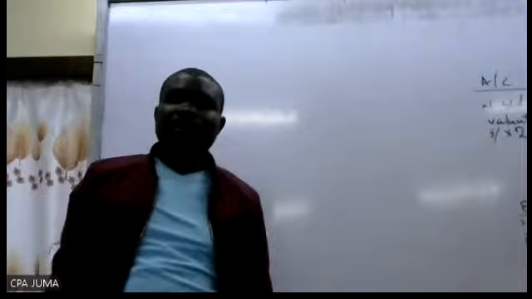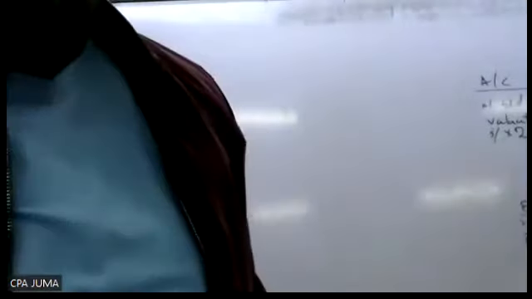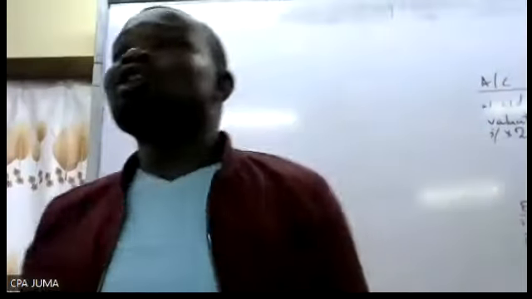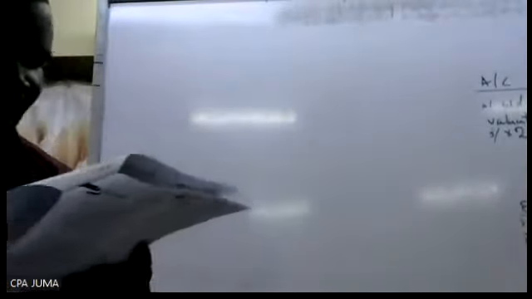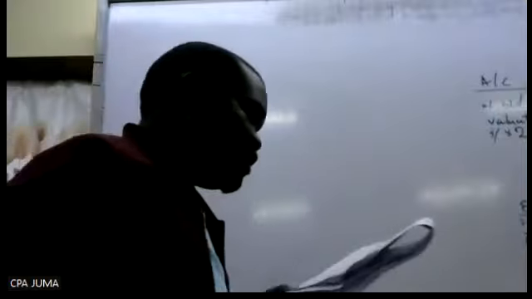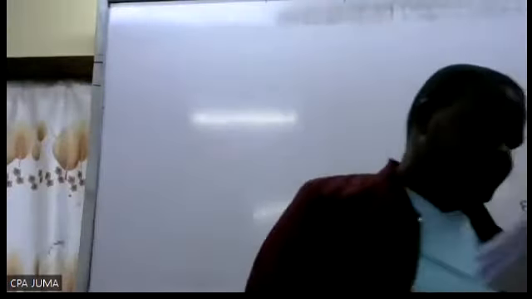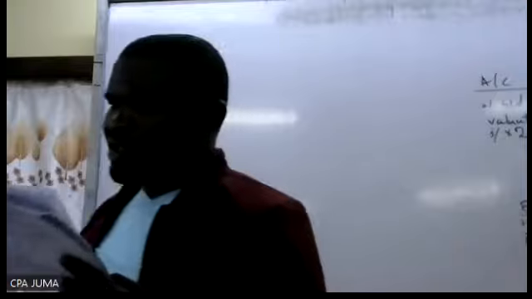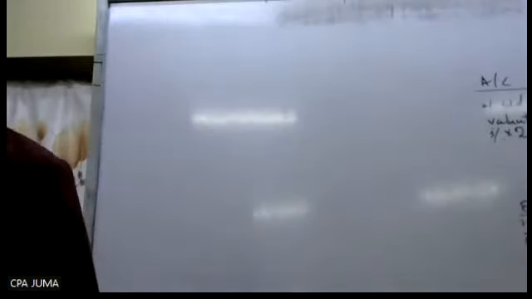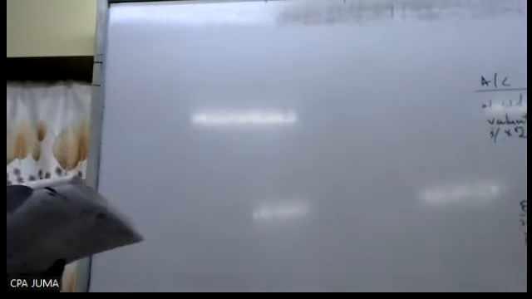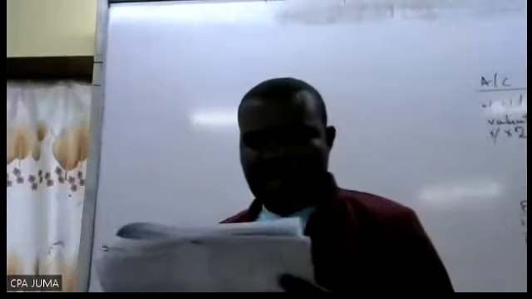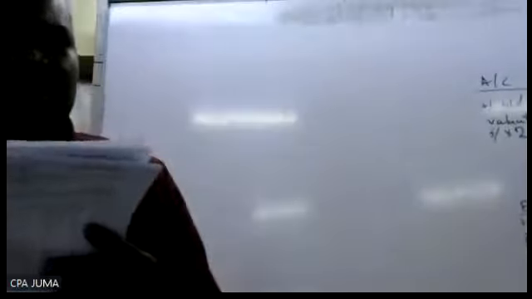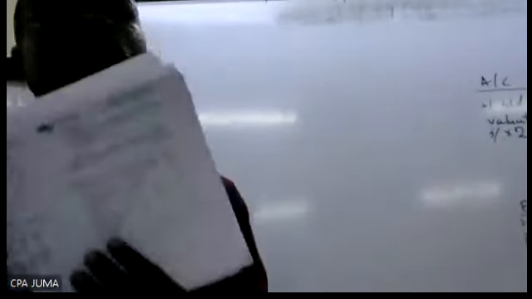Required. Determine the deferred tax asset or liability for Huruma Group as at 31st March 2021 in conformity with IAS number 12 on income taxes.